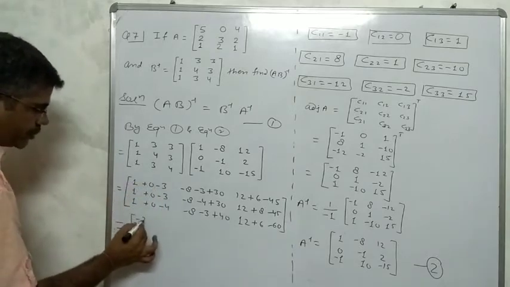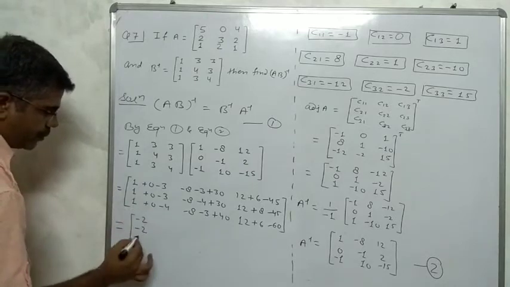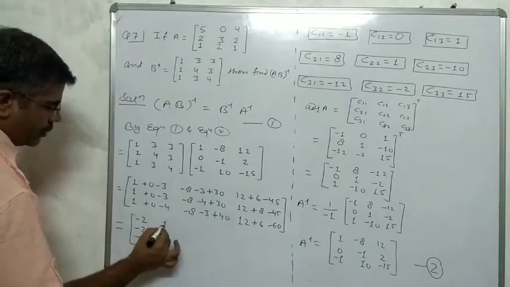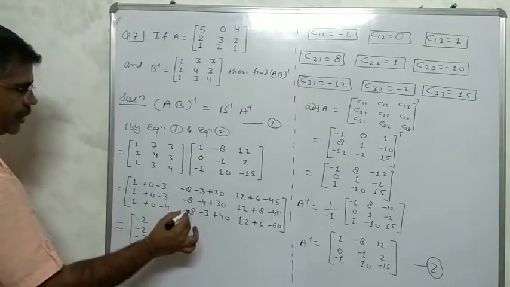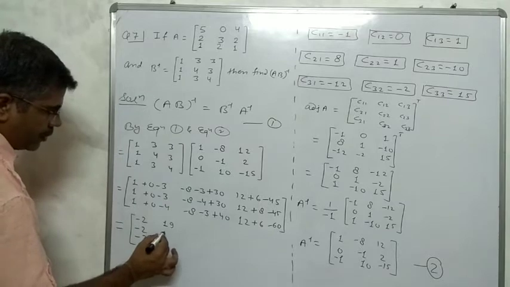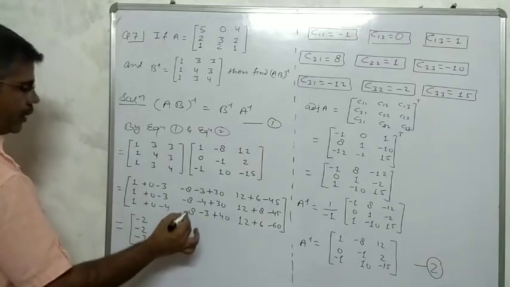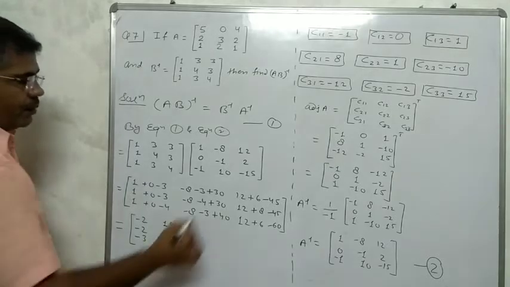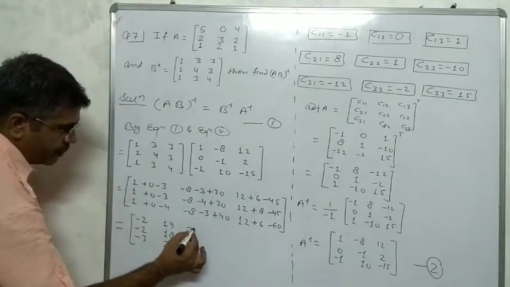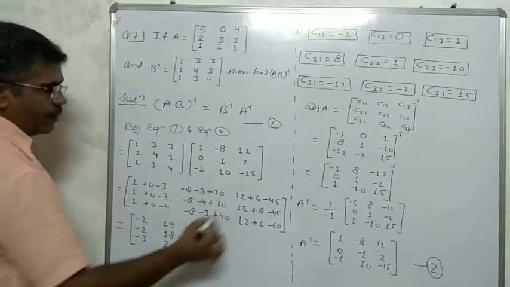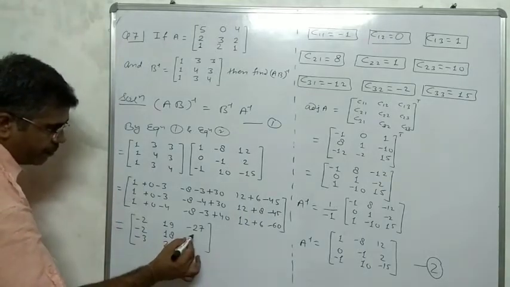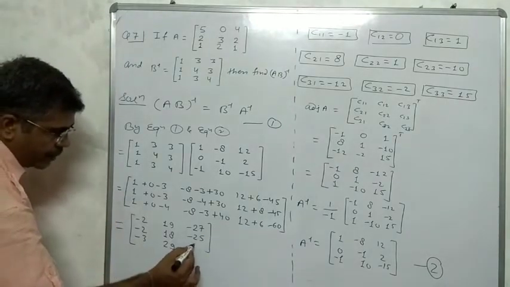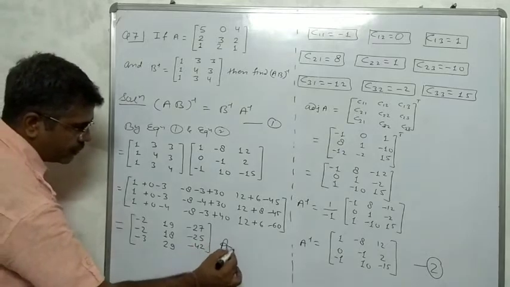So 1 minus 3 minus 2; 1 minus 3 minus 2; 1 minus 4 minus 3; minus 8 minus 3 plus 30, 19; minus 4 minus 8 plus 30, 18; minus 8 minus 3 plus 40, 29. 12 plus 6, 18, 18 minus 45, minus 27. 12 plus 8, 20, 20 minus 45, minus 25. 12 plus 6, 18, 18 minus 60, minus 42. This is our answer.